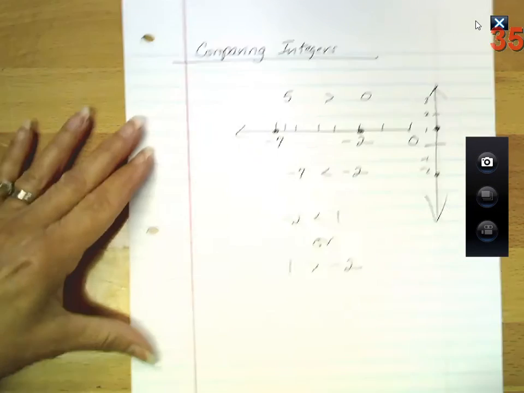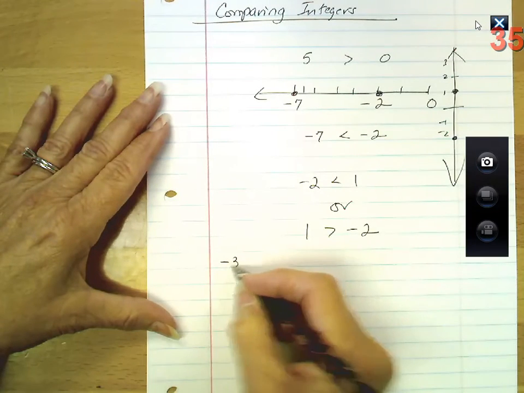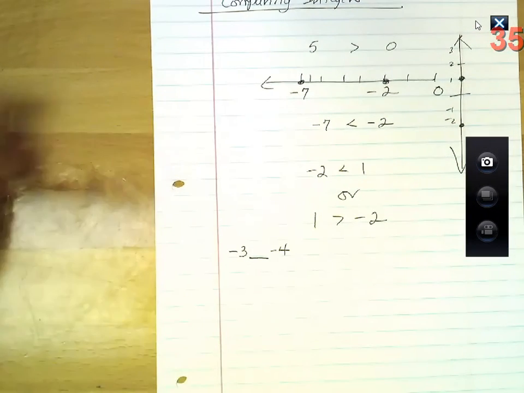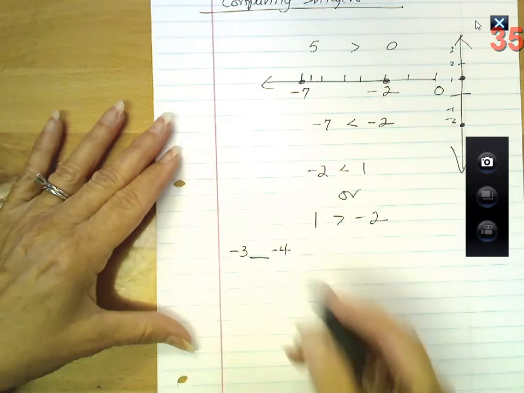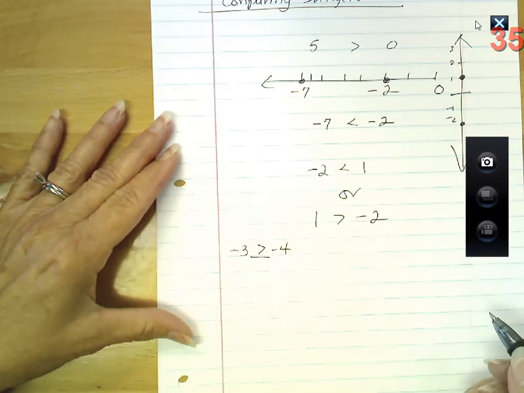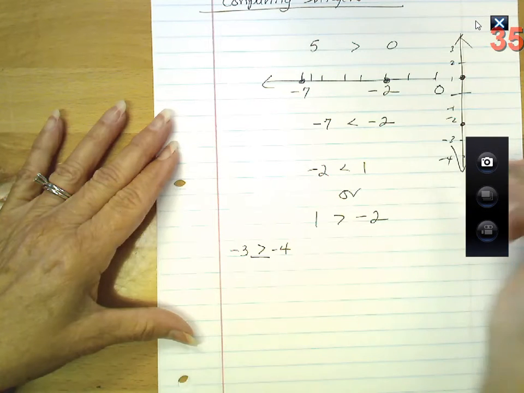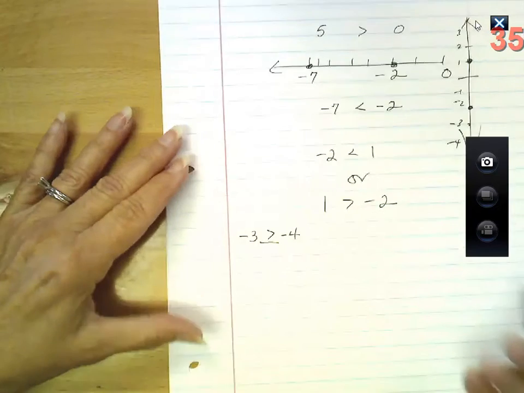Okay, if you have something like -3 and -4 and you had a blank in there. Okay, greater than or less than? It would be greater than. Okay, so if you think about where they are on the number line, here's a -3, here's a -4. So this one's the biggest. -3 is greater than -4. So sometimes you have to think about that.